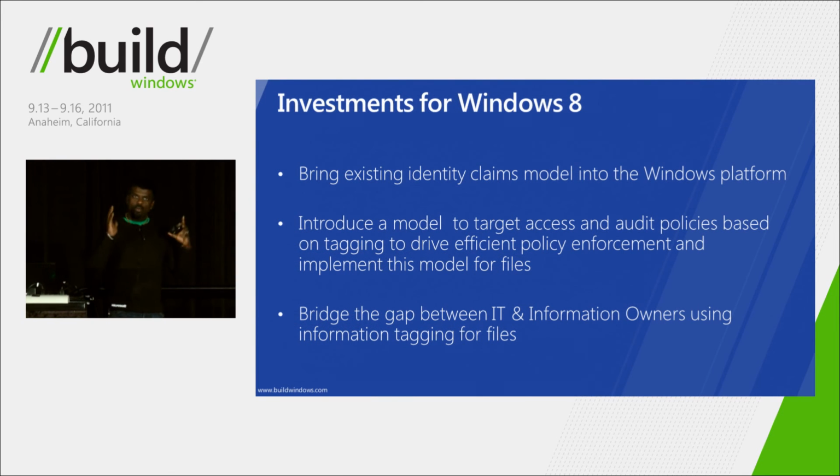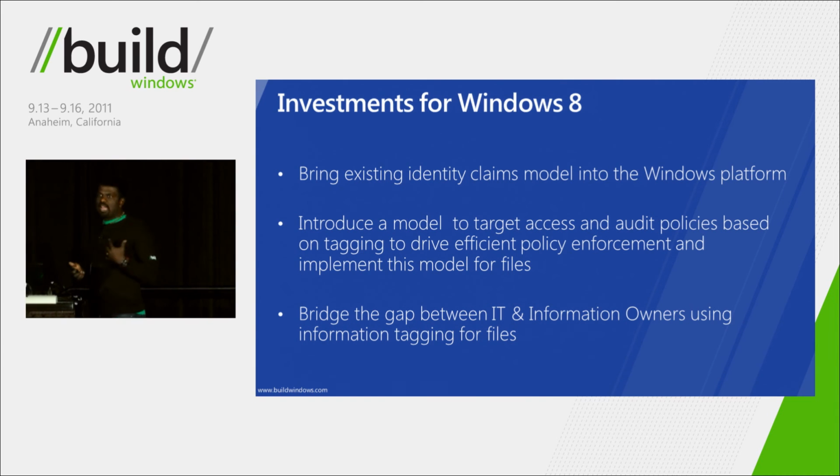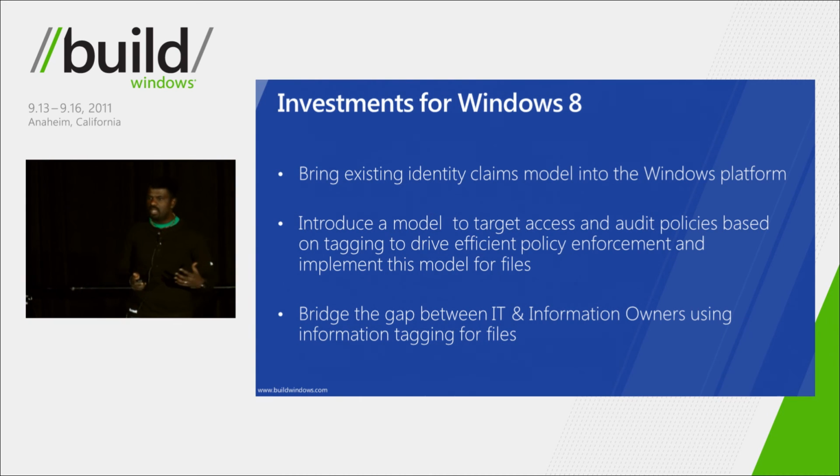Now, when we think about investments in Windows 8, I just wanted to give a quick preview. How did we think about it from the technology perspective? At Microsoft, we provided a new model called claims-based applications. It started with us releasing what is known as Windows Identity Foundation, which is a core .NET framework, and a product called ADFS 2.0, Active Directory Federation Services.